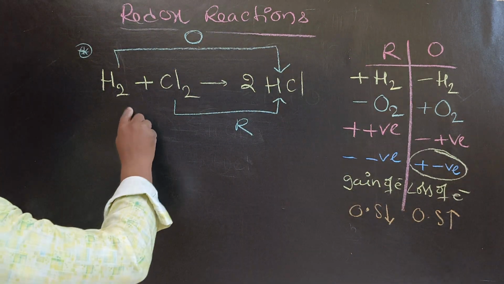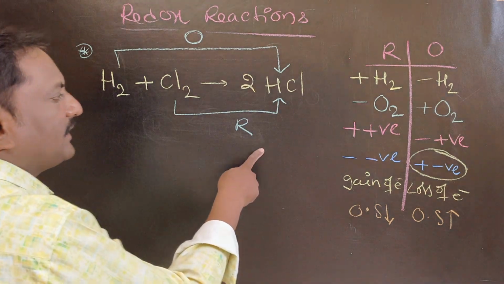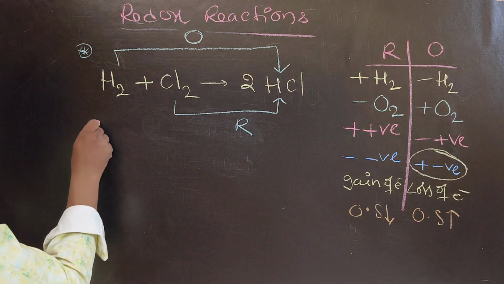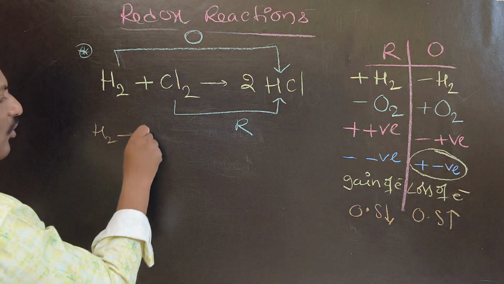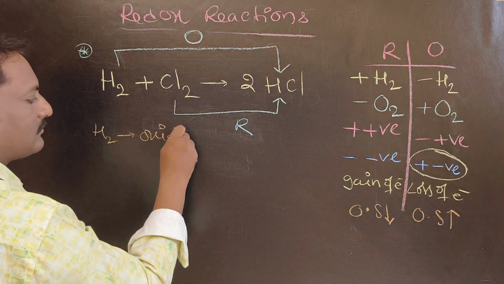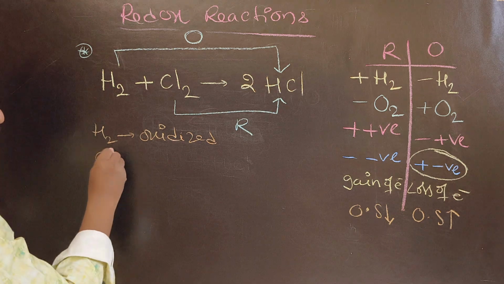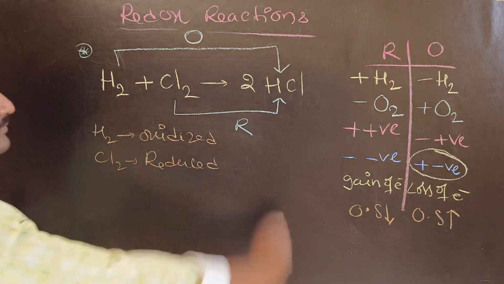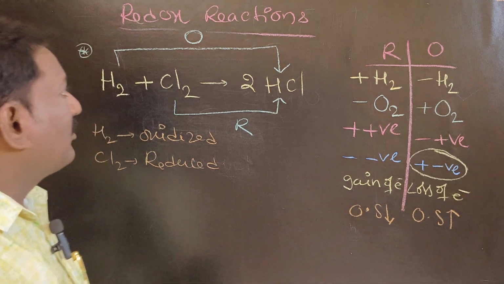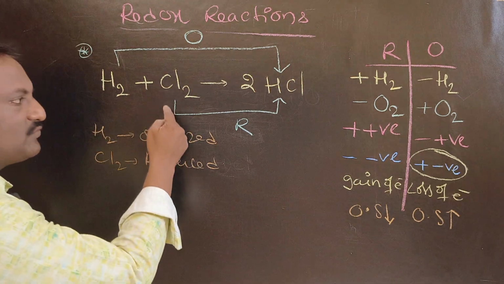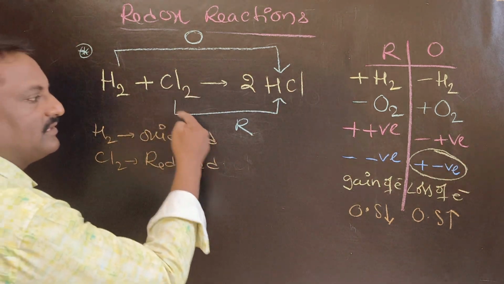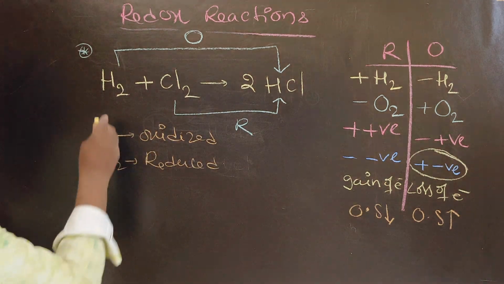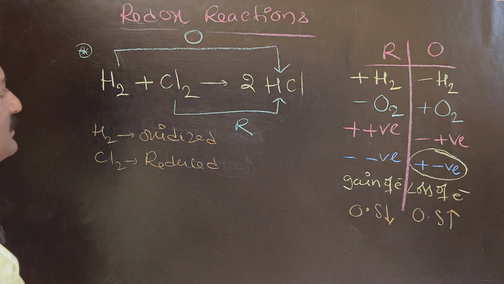Second category, identification of which one is getting reduced and which one is getting oxidized. Here, hydrogen is getting oxidized. Chlorine is getting reduced. Right. Which one is the reducing agent? The substance which brings the reduction is called reducing agent.